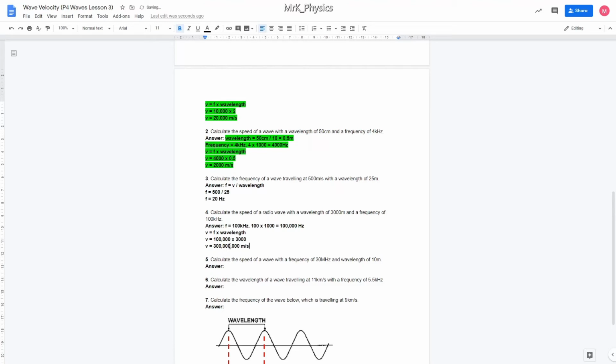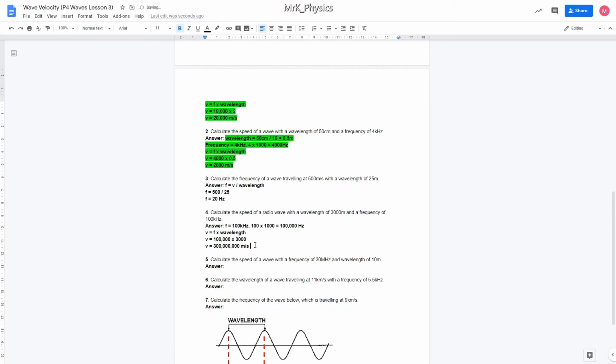And it's meters per second because our units are all standard units, hertz and meters. Now that's a really big number, 300 million meters per second, and that's the speed of any electromagnetic wave in a vacuum, otherwise known as the speed of light.